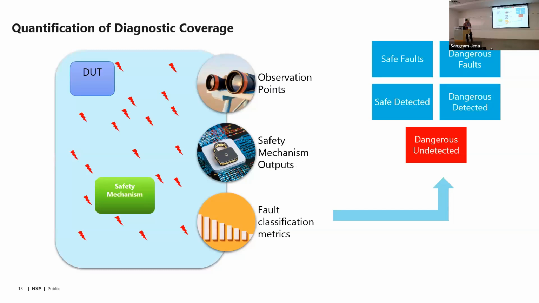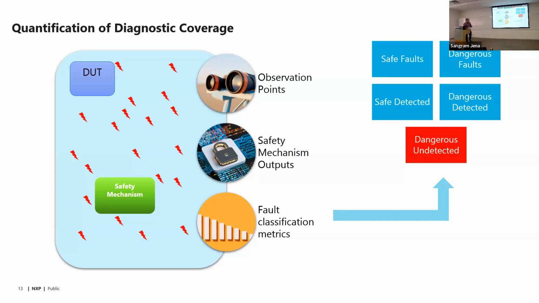This is one of the most important things of functional safety, which is making sure how effective your safety mechanism is. So in the first type of test, what we have made sure is our safety mechanism is working as implemented. What that tells me is, yeah, the implementation wise, it is fine.